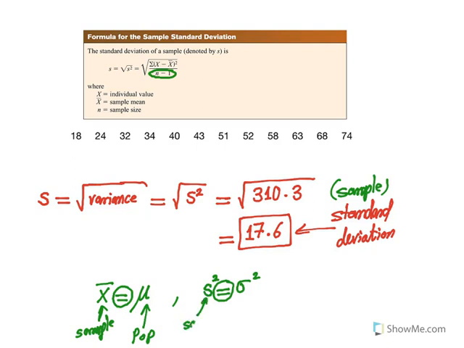This one is for the sample, and this one is for the population. And the last one is that we use S for the sample standard deviation, and sigma for the population standard deviation. And remember, again, this is not really equal. I'm just telling you what letters we use. And I will end this video here.